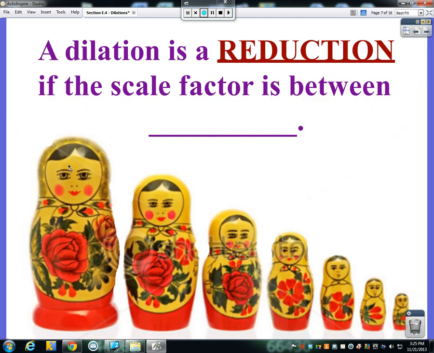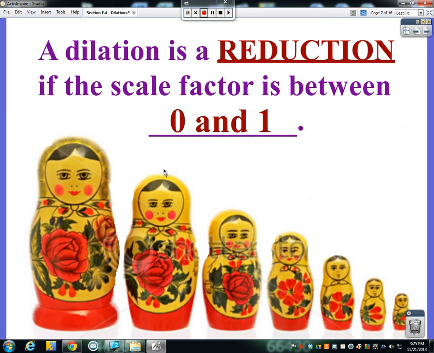A dilation is called a reduction if the scale factor is between 0 and 1. So this is where we start getting into our fractionals, like 1/2 or 2/3 or 3/4 or 1/4. It can't be 1 because then it would be the same exact size, and it can't be 0, otherwise it'll disappear. It essentially turns into a point instead of an actual object.